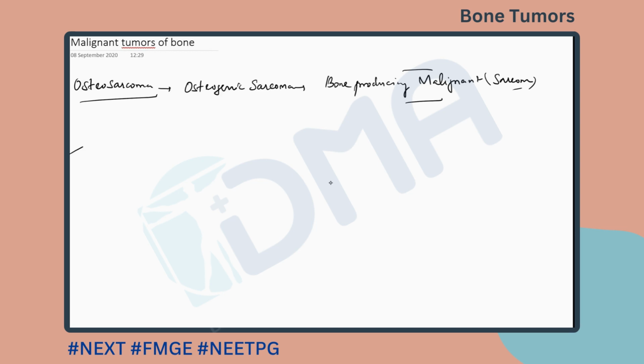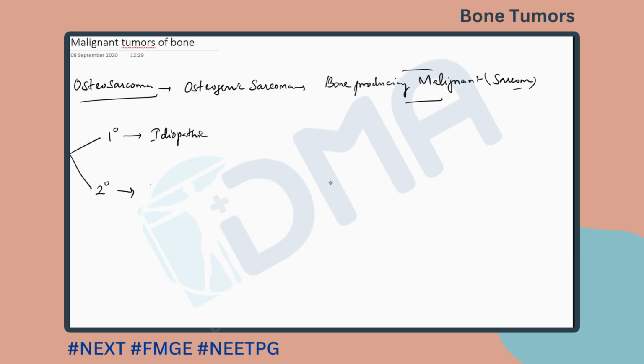Now this osteosarcoma can be of two types. One is primary osteosarcoma, or it can be secondary osteosarcoma. Primary osteosarcoma occurs without any cause, idiopathic. There is no cause for it, but it arises. So that is called primary osteosarcoma.